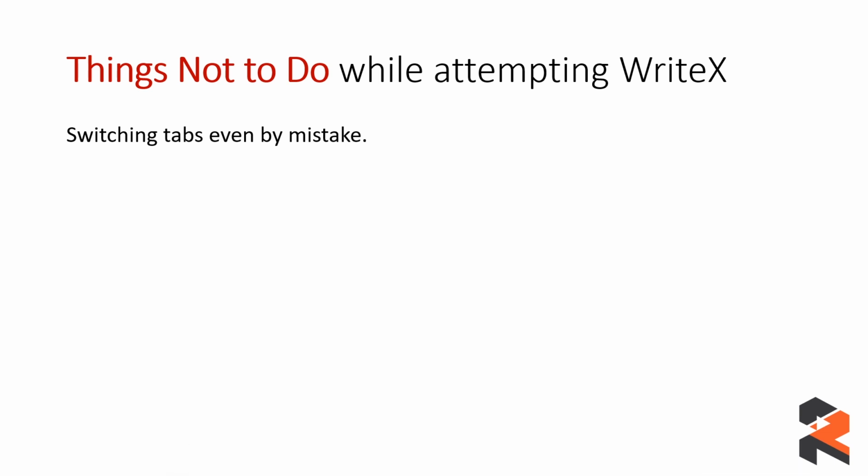However, if your exam is going on a browser like Chrome or a Firefox browser, don't even try to switch your tabs by mistake. It doesn't only apply to tabs, don't even try to click off your browser. So you don't want to click on the taskbar, you don't want to click anywhere else. Basically, don't even touch the mouse, because in that case warnings are issued and it can be considered as a case of copying. So that is why it is really important that you don't switch your tabs even by mistake.